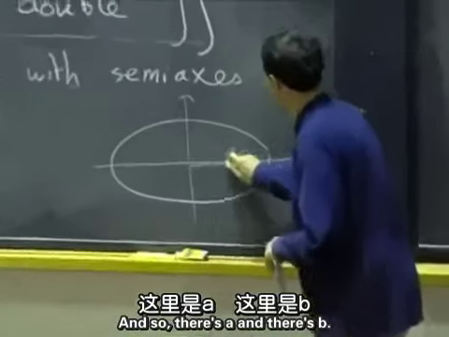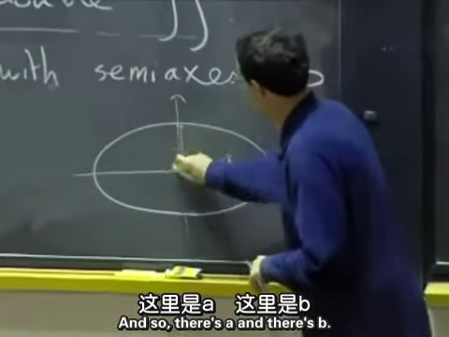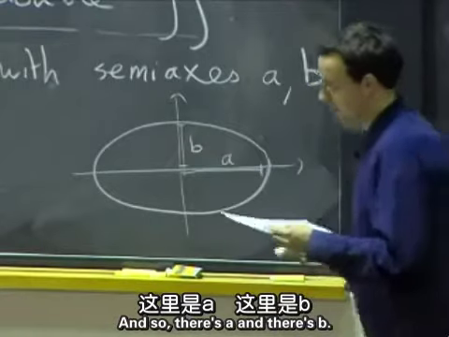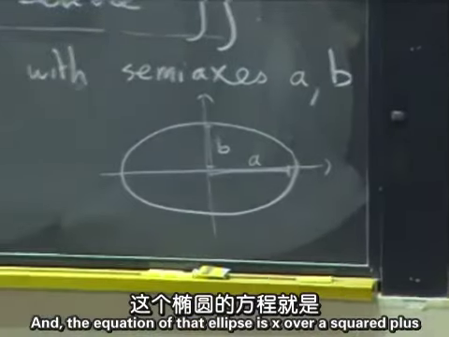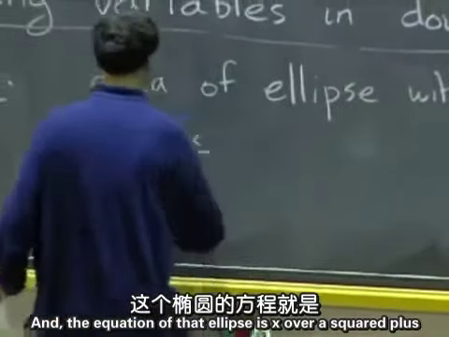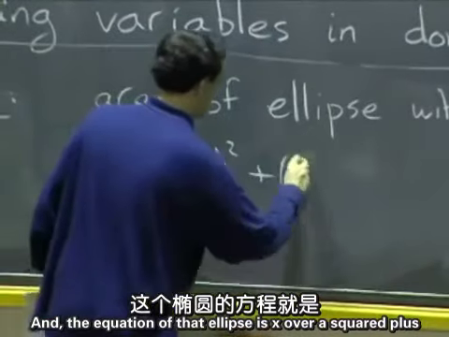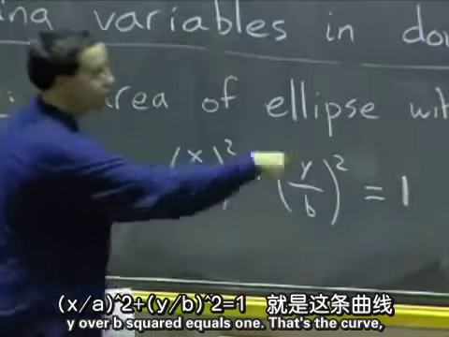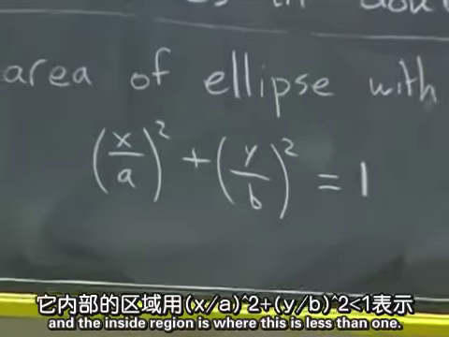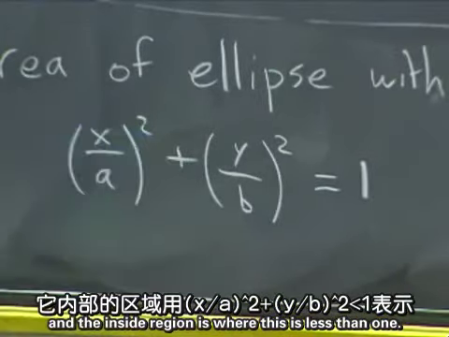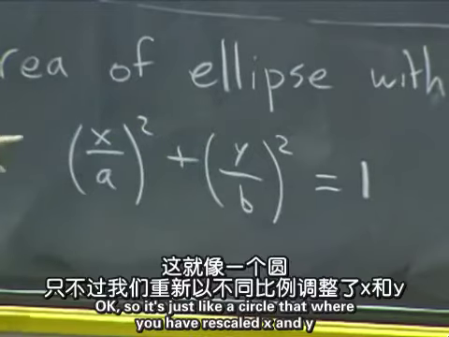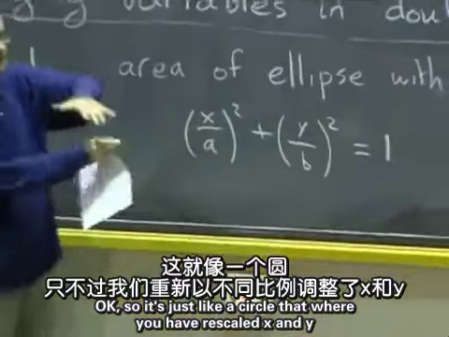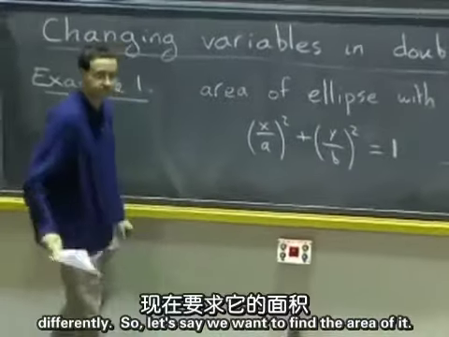There's A and there's B, and the equation of that ellipse is (x/A)^2 + (y/B)^2 = 1. Well, that's the curve, and the inside region is where this is less than 1. So it's just like a circle, but where you have rescaled x and y differently.